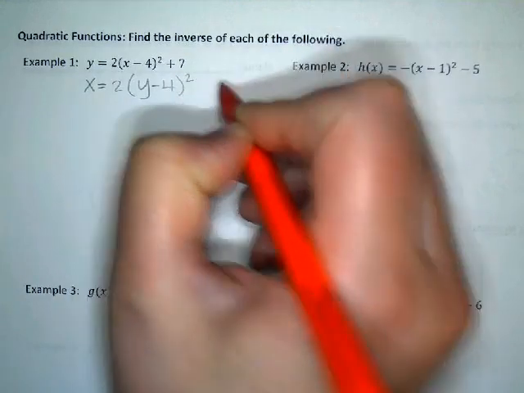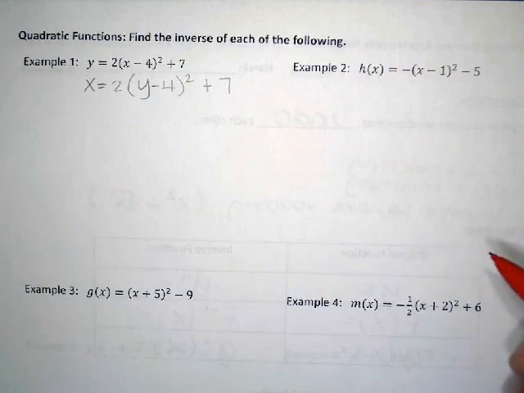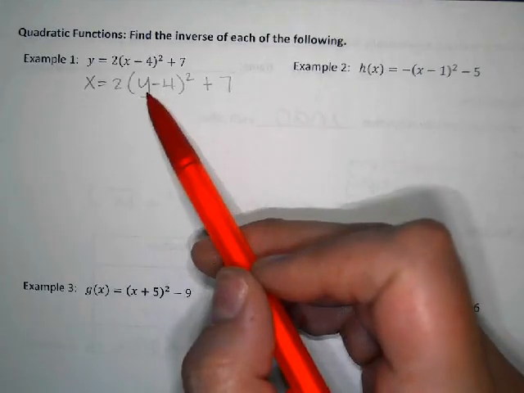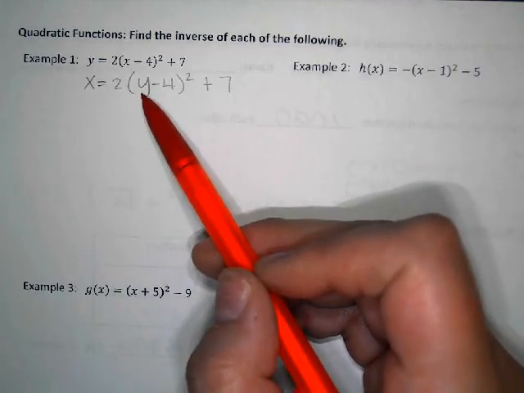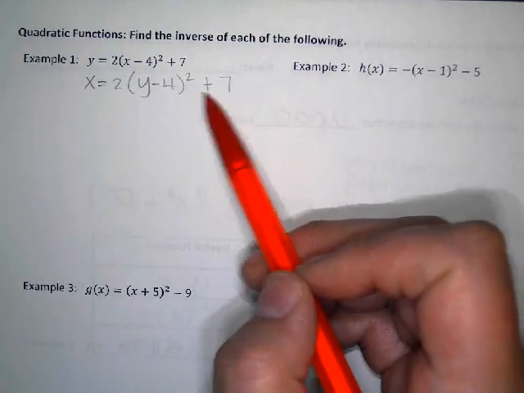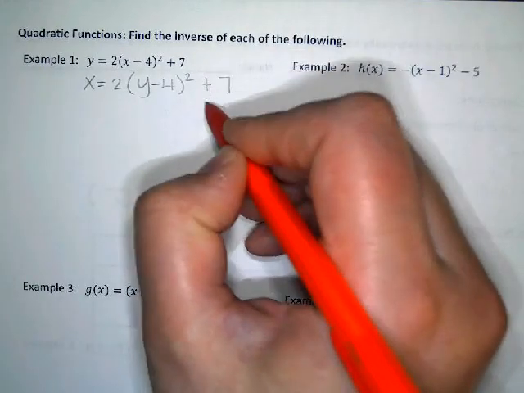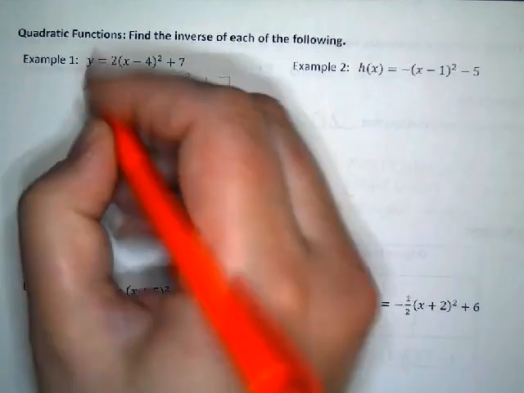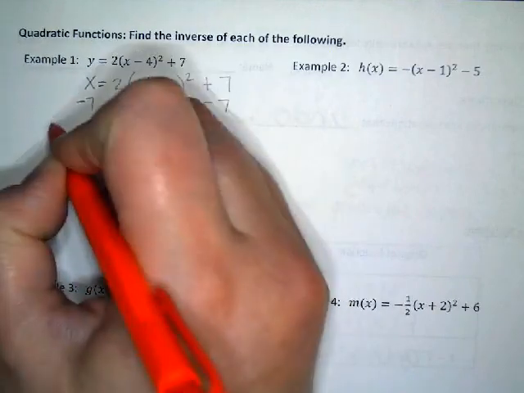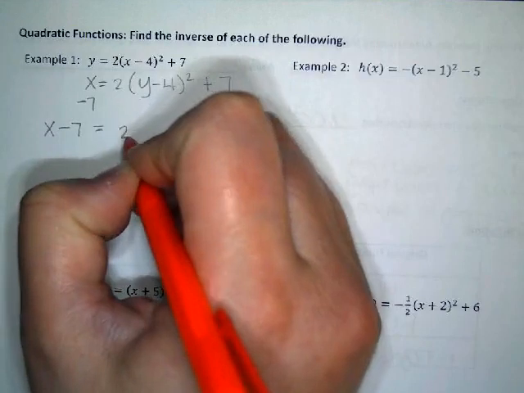Okay. And then as we were trying to get the y alone, because that's our next goal, the first thing I can do to get the y alone is take this 7 and subtract it over to the other side. So now I've got x minus 7 equals 2 times y minus 4 squared.